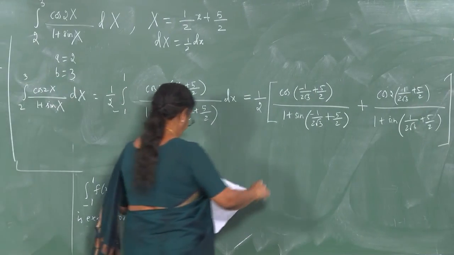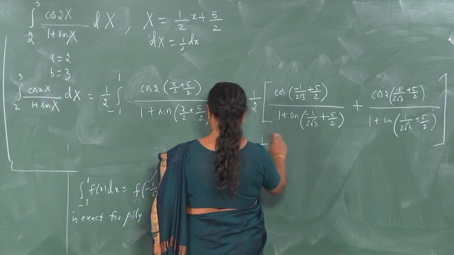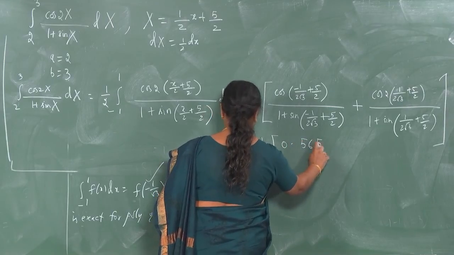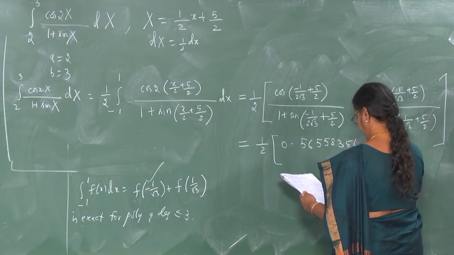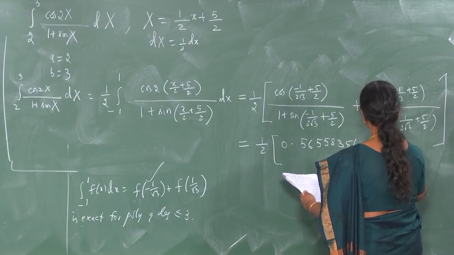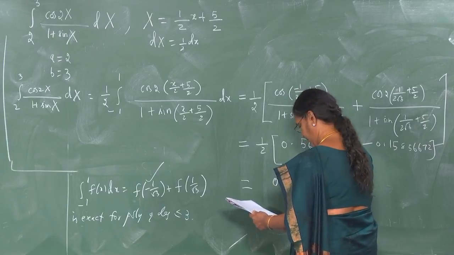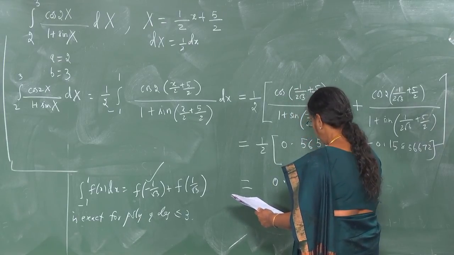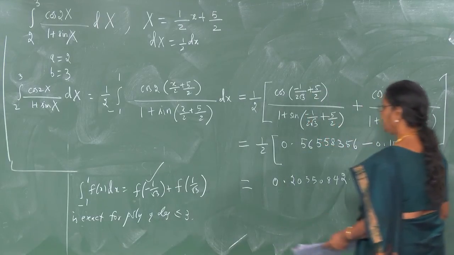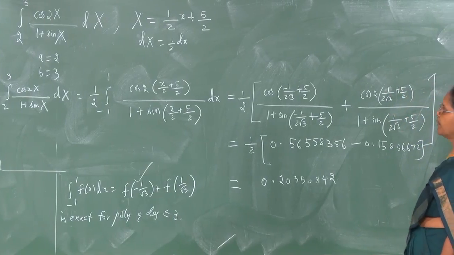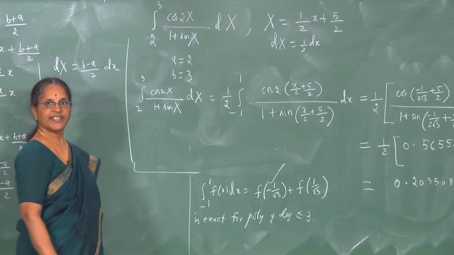So, you can use your calculator and then show that it is equal to half of 0.56558356 minus 0.15856672, and when you simplify you get the result as 0.20350842. So, using 2-point integration method, we have been able to evaluate this integral.